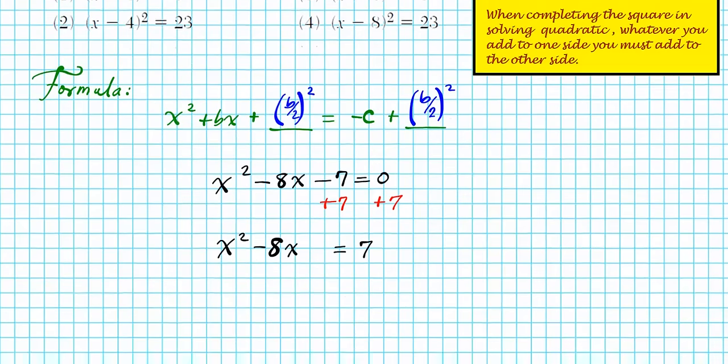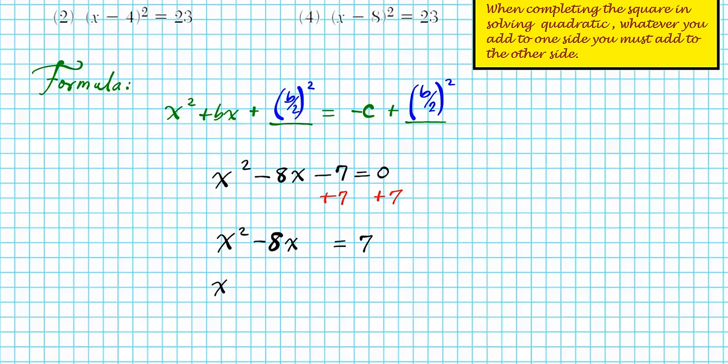I have to add a term to this side that makes it a perfect square trinomial. But whatever I add to this side, I have to add exactly the same value to the right side in order to preserve equality. So what is that number that makes this a perfect square trinomial?